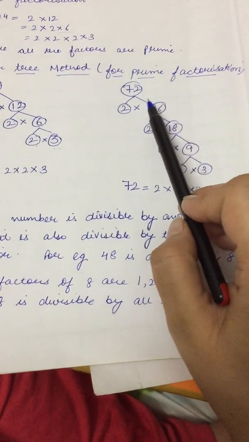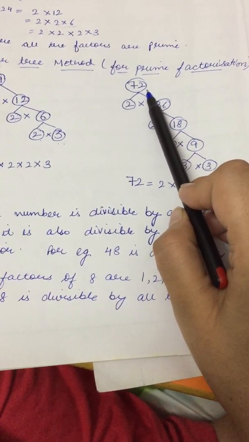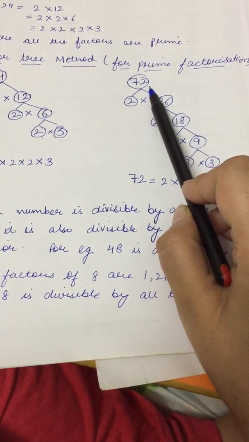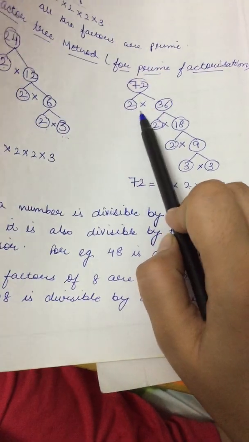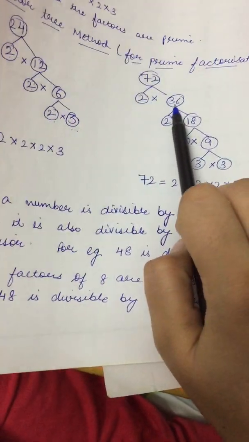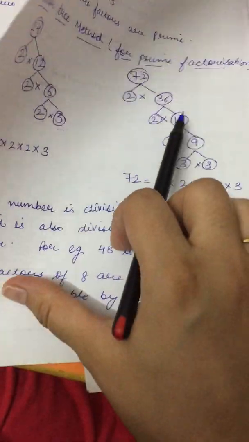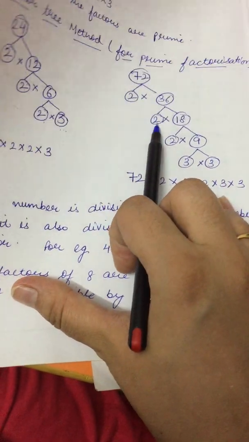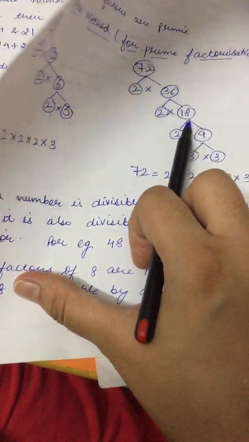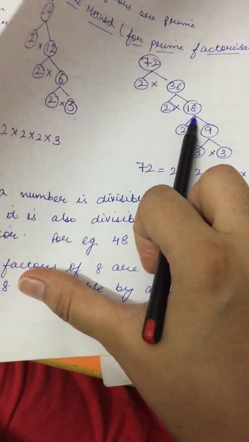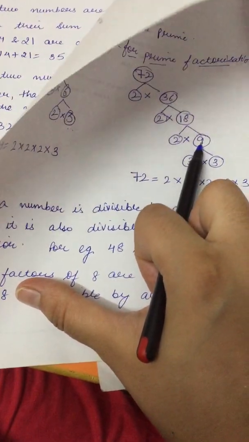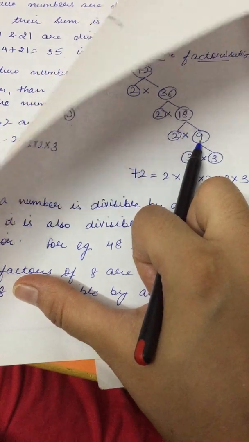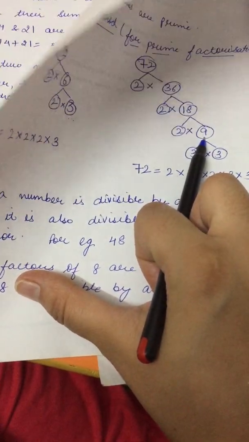Similarly, if I take another example of 72, we will start again from the smallest prime number, that is 2. So 72 can be written as 2 into 36. Now 36 can be again split up like this, 2 into 18. Now again 18 can be written as 2 into 9. Now again 9. 9 is not divisible by 2.